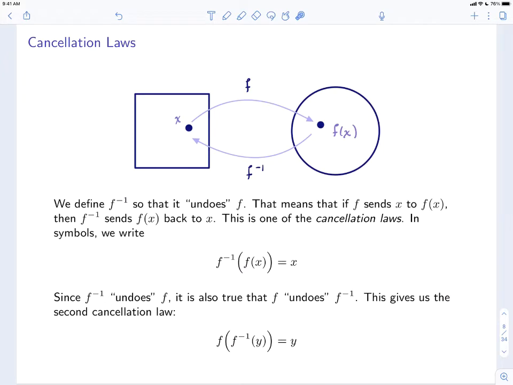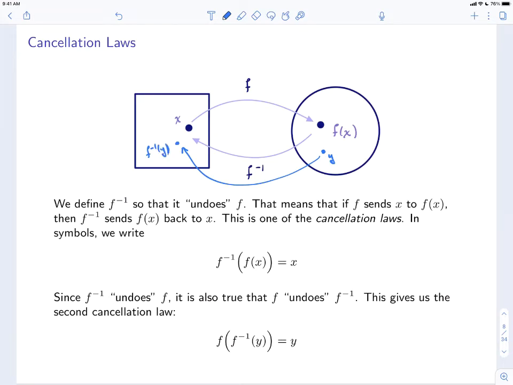So that gives you the other cancellation law, which is that if you start with something over here in the range, and you send that back over to something in the domain using f inverse, then f will take you back there. So if we imagine that we have some other point here, which is y, then f inverse will take it over here, which we can call f inverse of y.